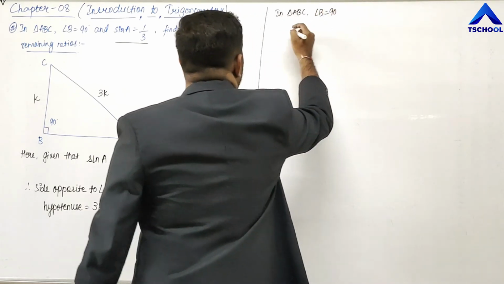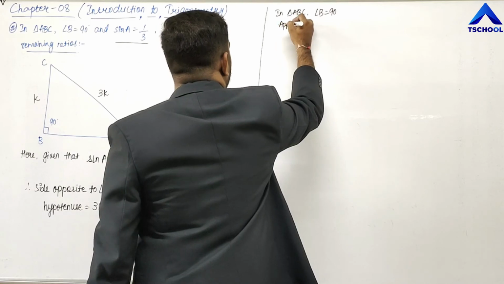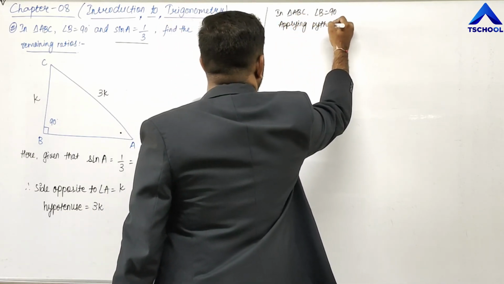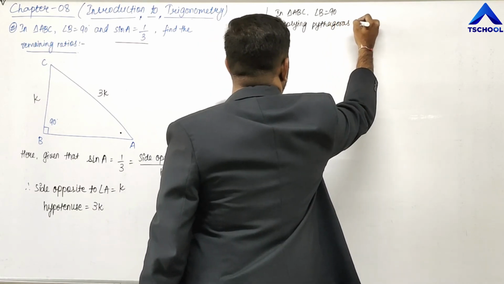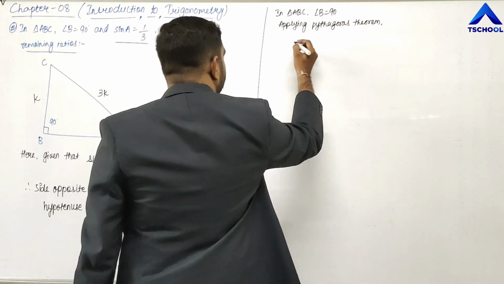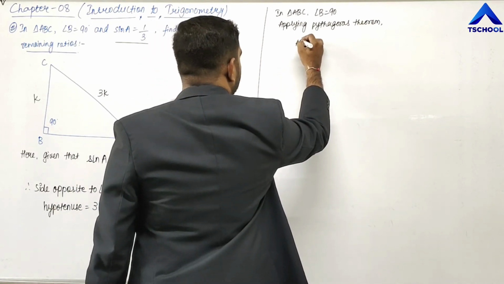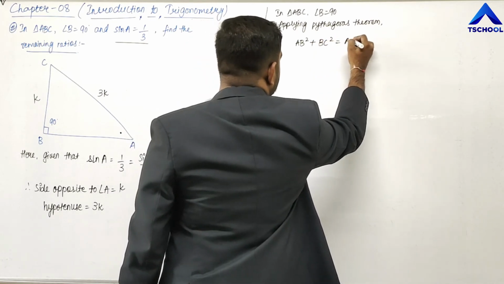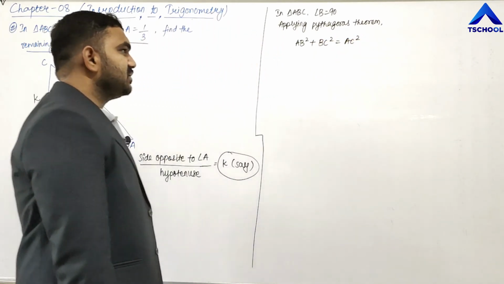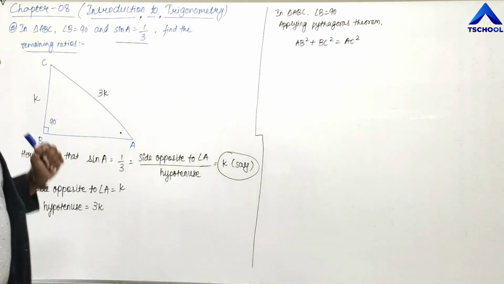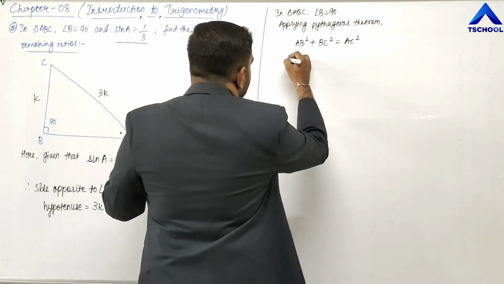So applying Pythagoras theorem, what can you write down? AB square plus BC square is equal to AC square. We are not having AB, we are having BC, that is K, and we are having AC, that is 3K.